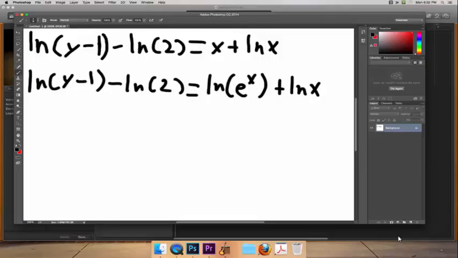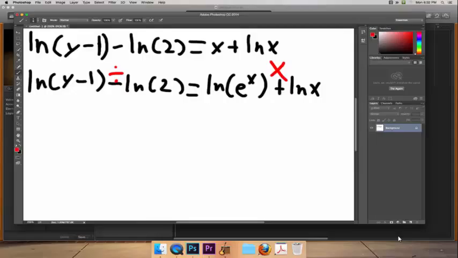So now that we've done that, we can use the log properties. By log properties, we can use similar log values, and if we subtract them, they're divided by each other, and if we add them, they're multiplied by each other.